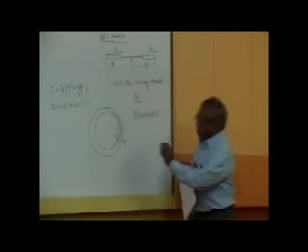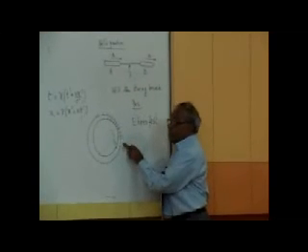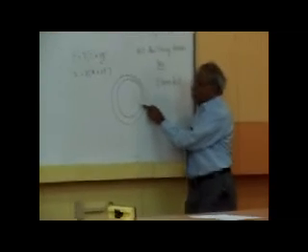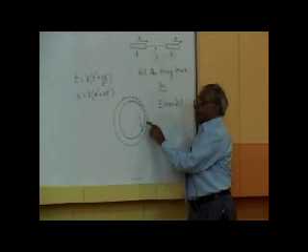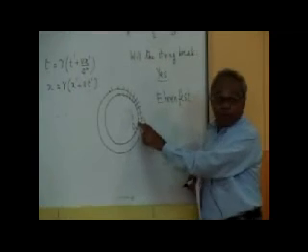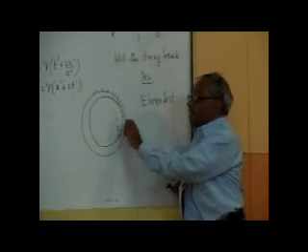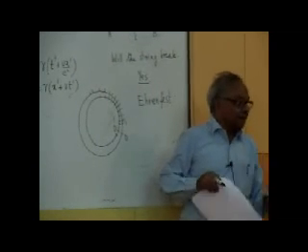Now, let me think of the disk rotating. When it is rotating, for an outsider, if 0 and 0 prime coincided, at that time 1 and 1 prime cannot coincide, because this length has to be less than the other length.